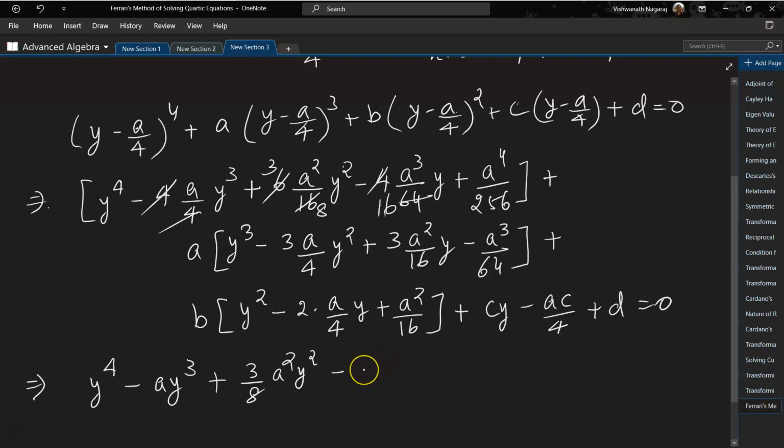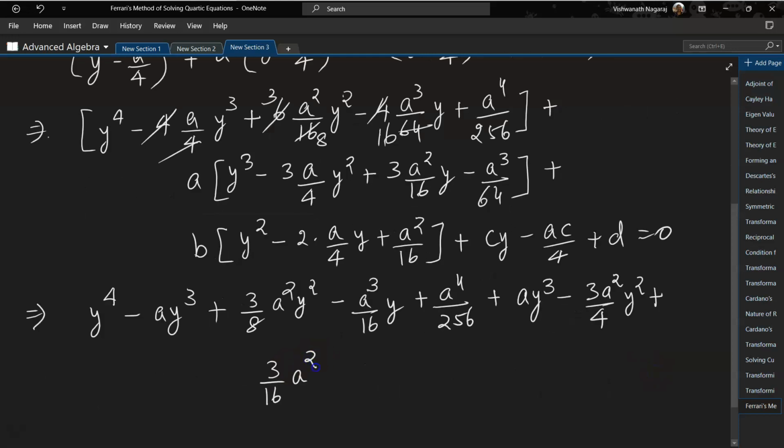So we are left with a cube by 16 y plus a to the power of 4 by 256, plus a y cube minus 3a square by 4 y square plus 3 by 16 a square, now it will become a cube y minus a to the power of 4 by 64.